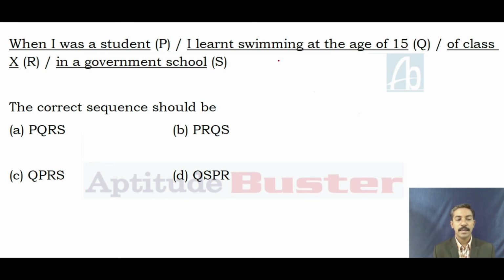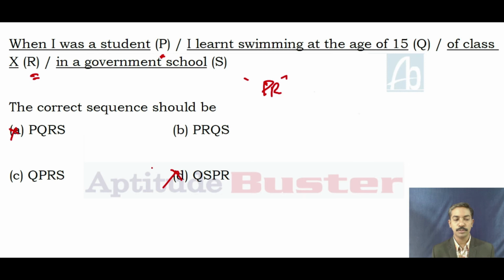When I was a student, I learned swimming at the age of 15 of class 10 in a government school. While you read it, the immediate clue that you can derive from this question is P, R must be coherent. Therefore, let's go to the options. We will retain the options that have PR combination and eliminate the other two.